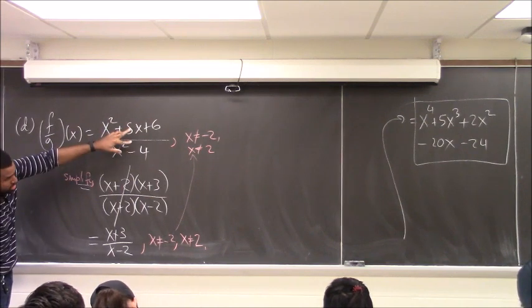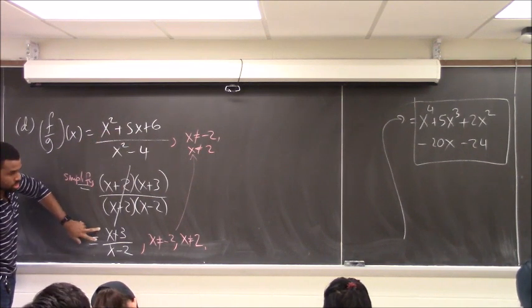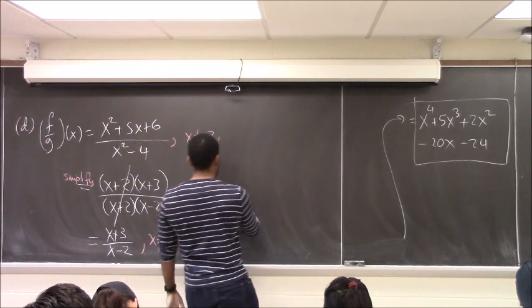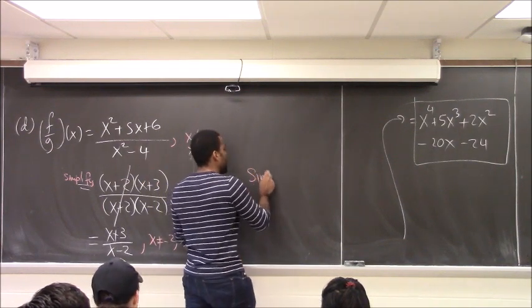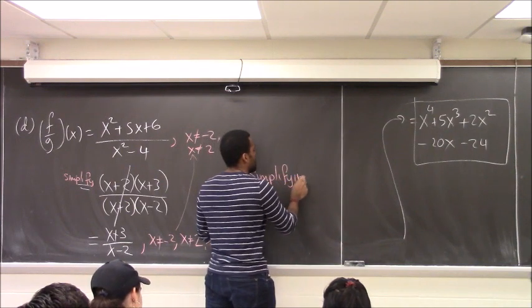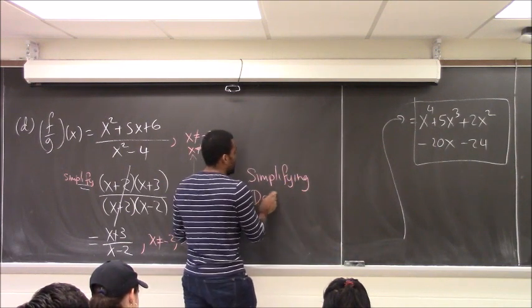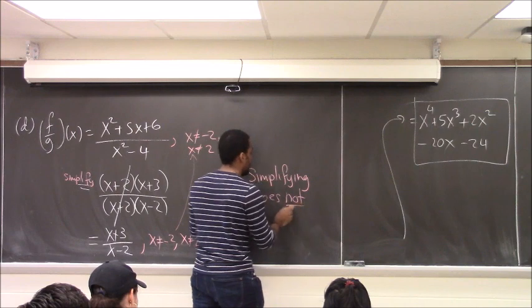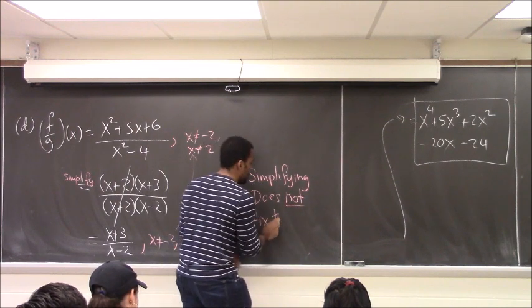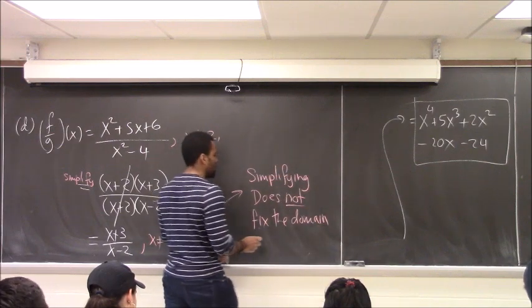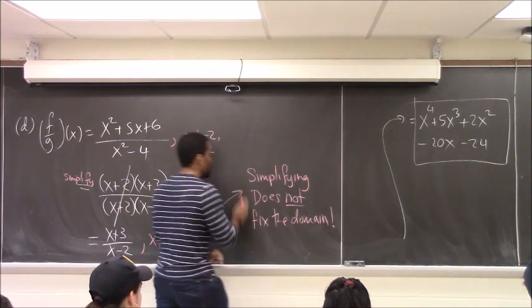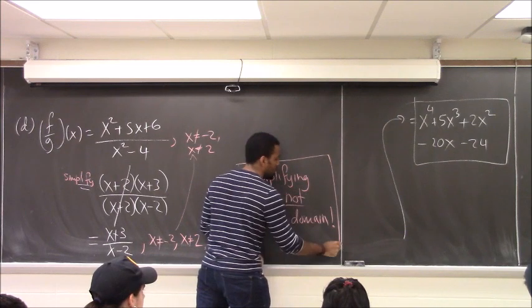Both of those couldn't work in the original, they will not work in the simplified form. So that leads to a very important idea. Simplifying does not fix domains. It just makes it easier for you to digest and apply your mathematical principles, but it doesn't actually change anything.